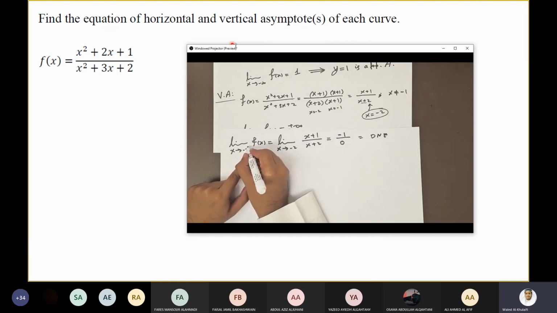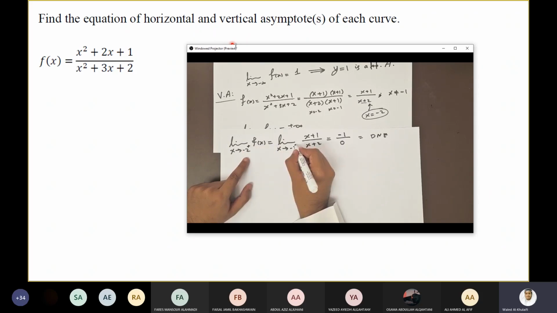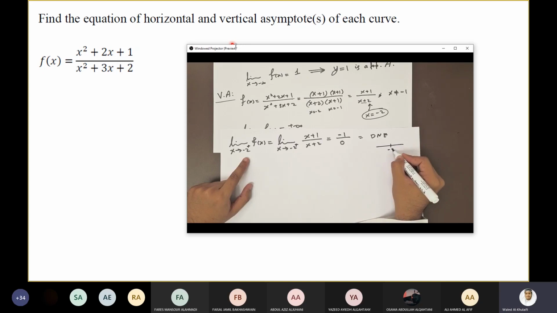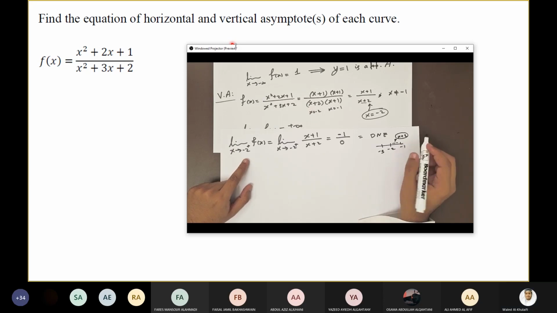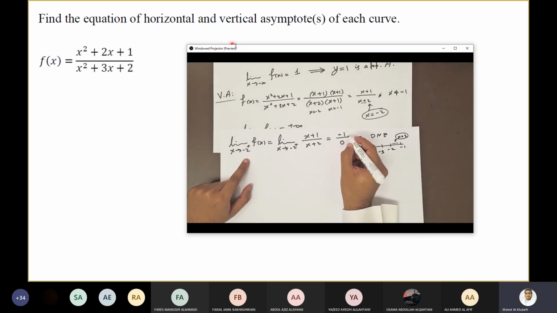So let's say I'm coming to negative 2 from the right, okay? When I come from the right, this is negative 2, this is negative 1, this is negative 3, I'm coming from here. So when I say x plus 2, what will be the sign of this? Is it positive or negative? Yes, anyone? Positive.